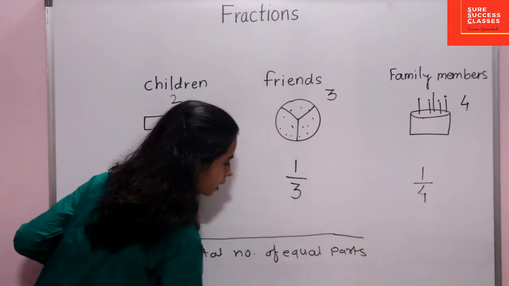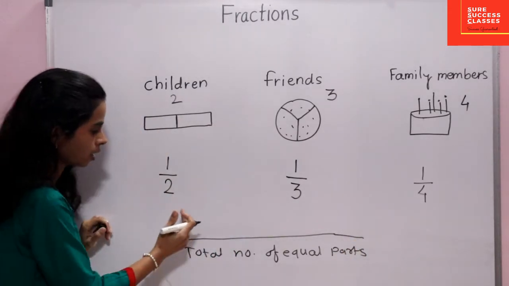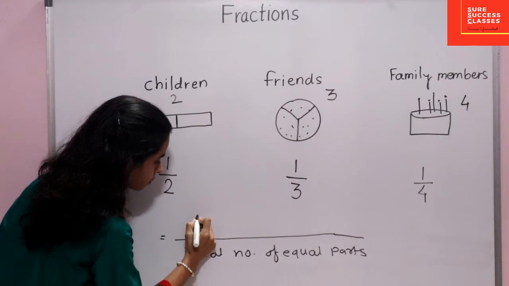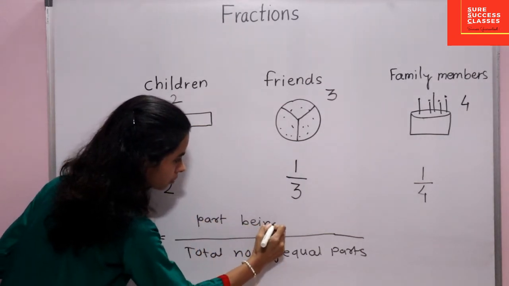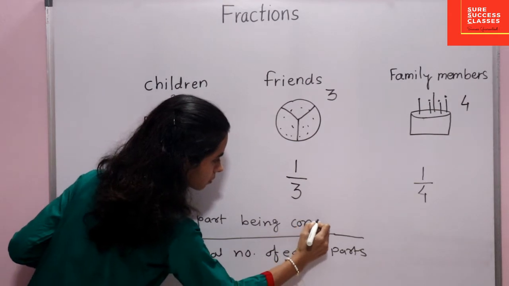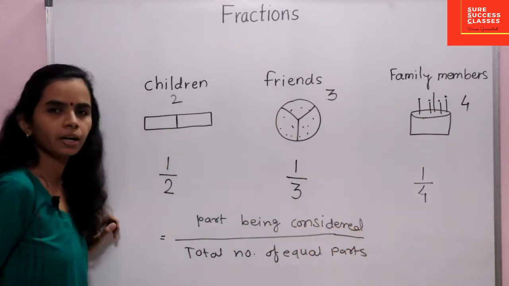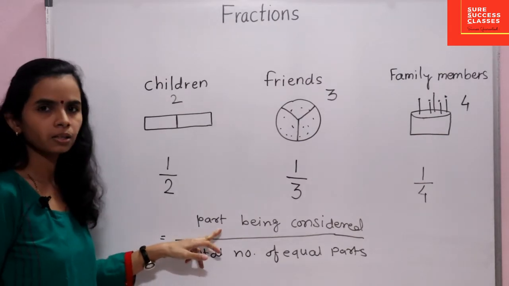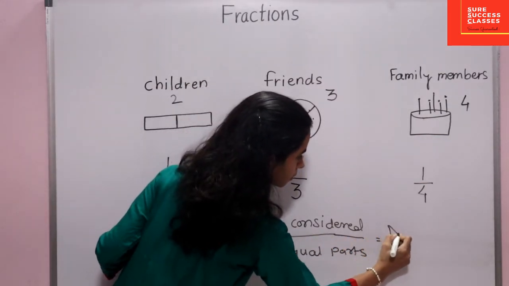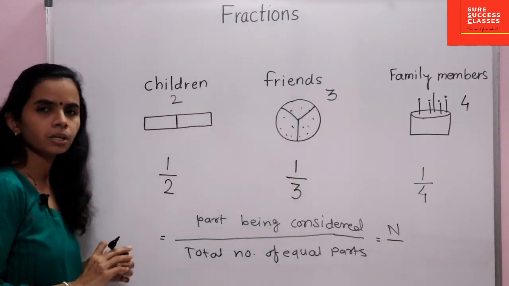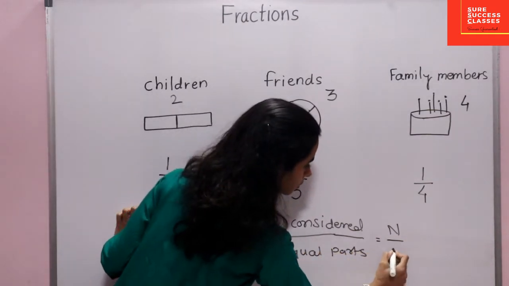And we write the part which is being considered above this fractional bar. The number above the fractional bar is called numerator, and the number below the fractional bar is called denominator.